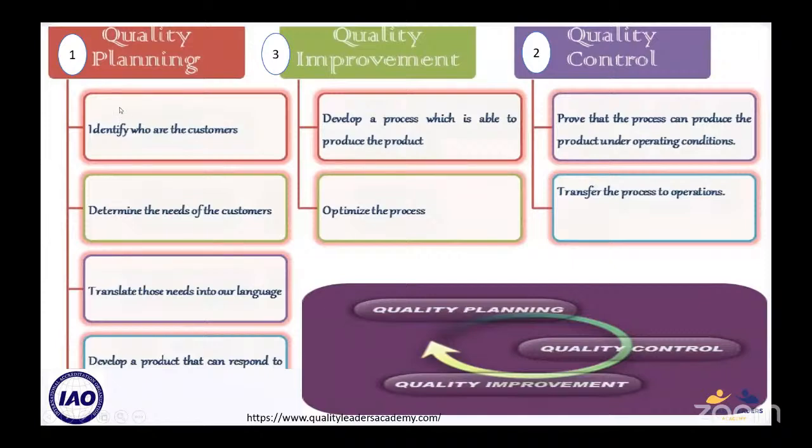Now in quality planning, step one is to identify who the customers are. This sounds simple, but it's one of the most underestimated steps in the entire quality journey. Just imagine, in your hospital, who are your customers? You might say the patient. Yes, absolutely, patients are primary customers, but remember, there are internal and external customers as well.